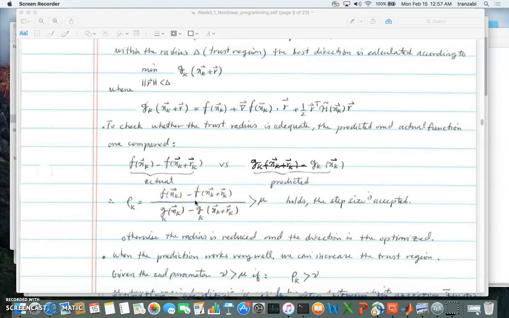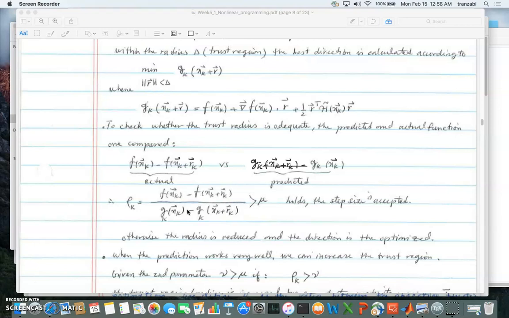Now, at every step, we're going to look at the change in the function itself due to the change in x value, divided by the change in the Taylor series version of the function for the same step direction rk. So the numerator of this ratio is the real or actual decrease of the function. The denominator is the decrease in the Taylor series version.